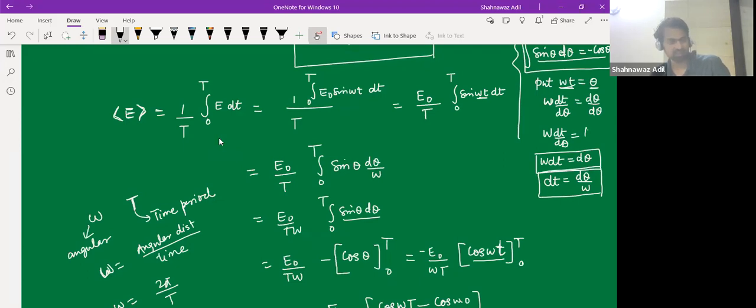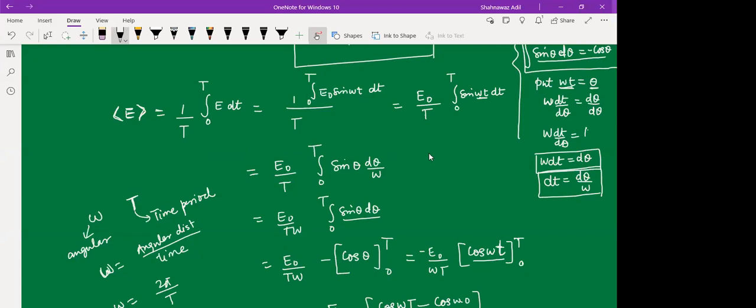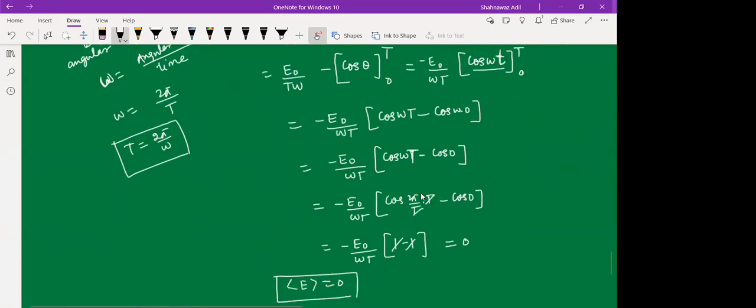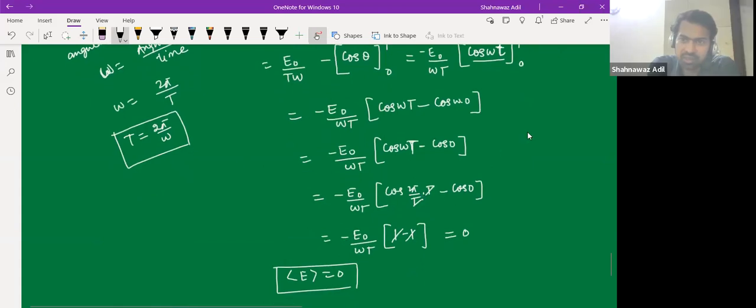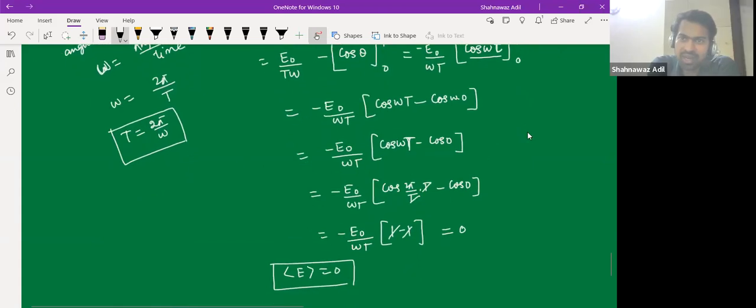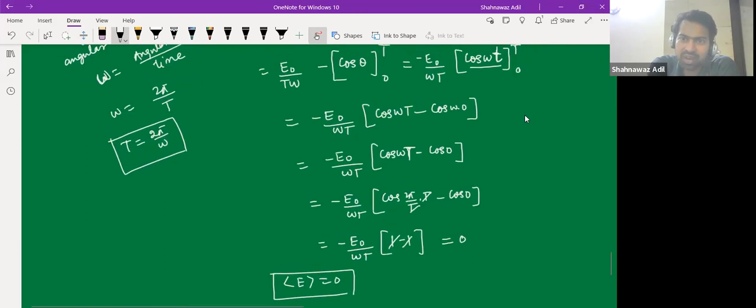Yes, Mariam, did you take the screenshot? Yes, sir. Okay, so please take the screenshot of this part as well. And finally, what did we get? So after doing this much of calculation, we got average EMF by the generator is 0.